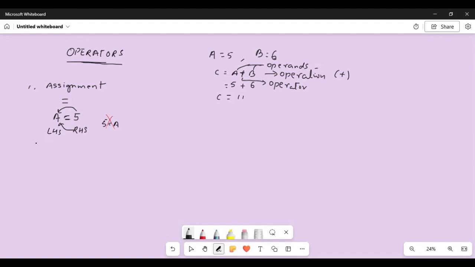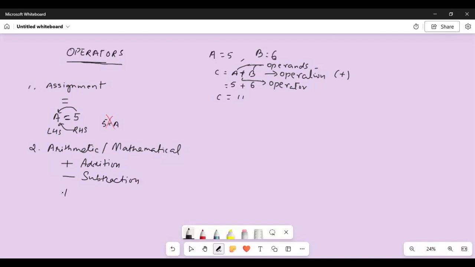After the assignment operator, we have another set of operators called the arithmetic operators. These arithmetic operators are also referred to as the mathematical operators. As the name suggests, we have first the operator plus for addition. Then this minus is for subtraction.